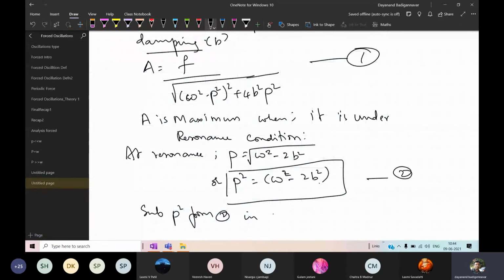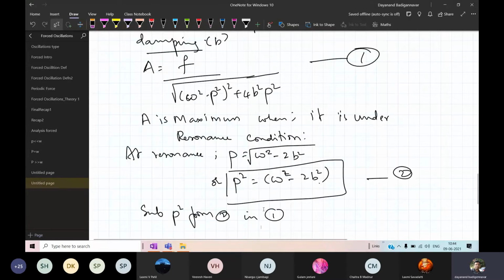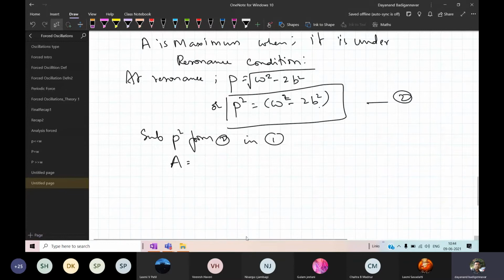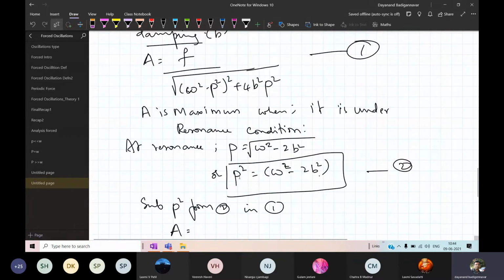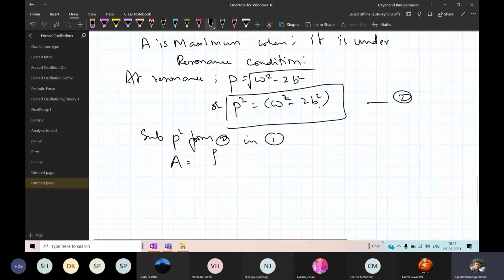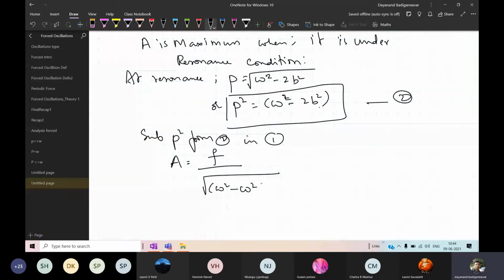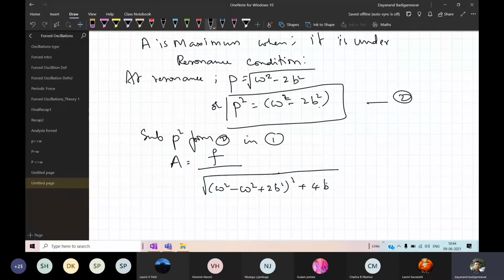If you do the substitution, amplitude A will be equal to F divided by root of (omega square minus (omega square minus 2b square)) whole square, which becomes plus 2b square whole square, plus 4 into b square as it is, times P square, which I write as omega square minus 2b square. So this is how it reduces.